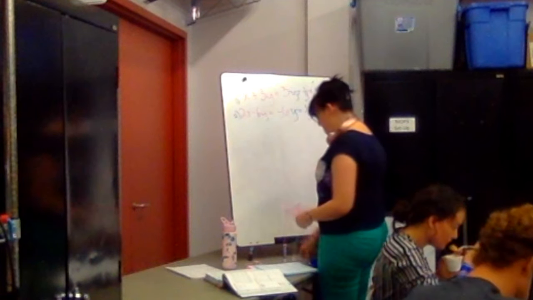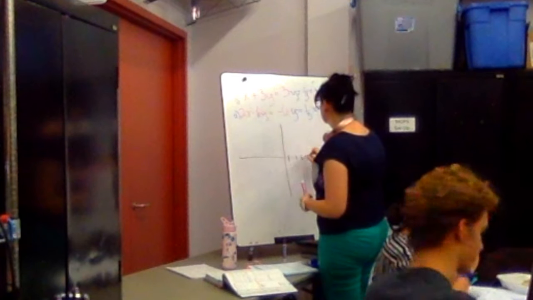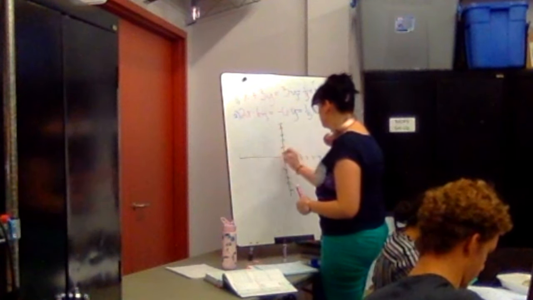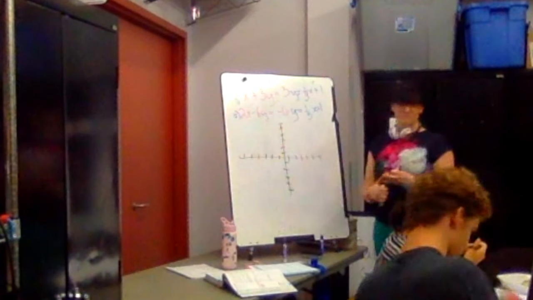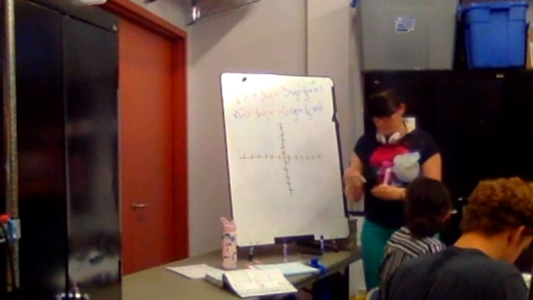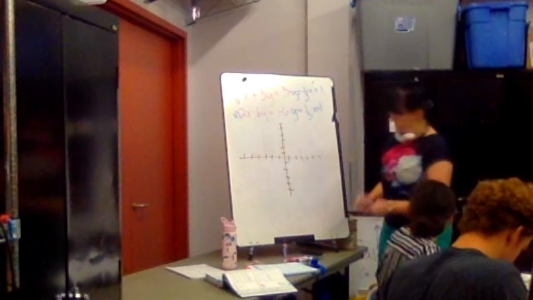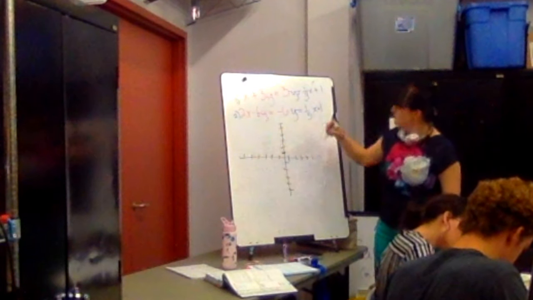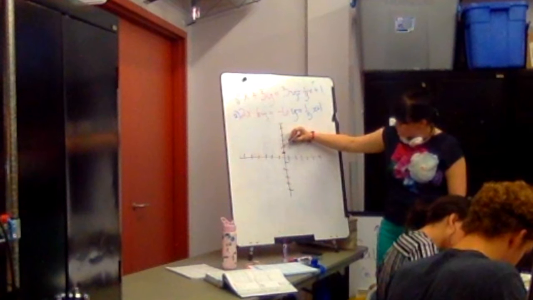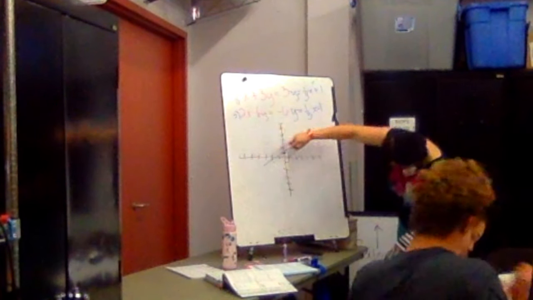So to graph it, find my y-intercept, which is just 1. I'm going to use blue. And then 1/3 is my slope, so up 1 over 3, 1, 2, 3, and connect.